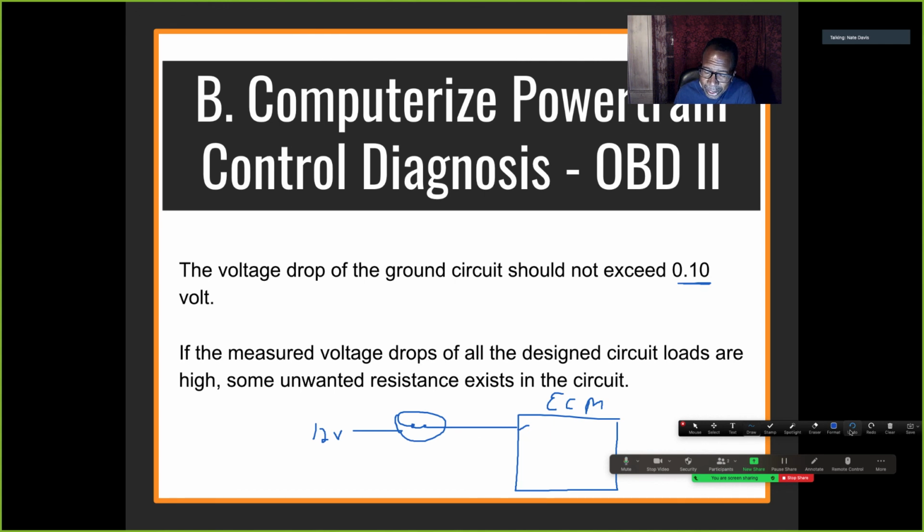Now, the reason I'm saying that is because I said earlier, if this is power control, this will be a pull down circuit, meaning the voltage being pulled down.